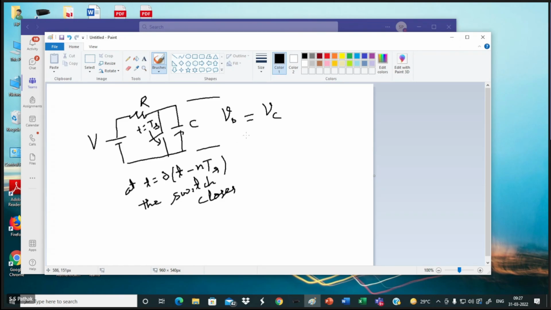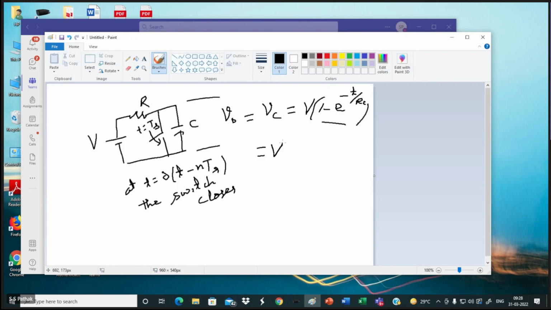Okay, so what do you get? Vc, if you remember, it was your V into 1 minus e to the power minus T by RC. Am I correct or any mistake? V naught is Vc, that is V, 1 minus e to the power minus T by RC. If I expand it, what am I going to get?